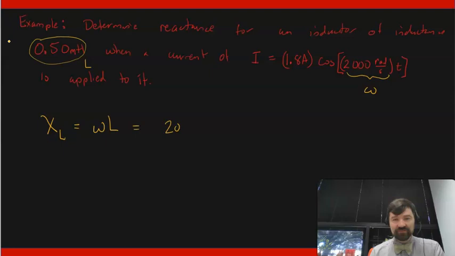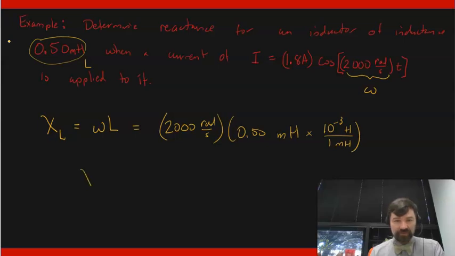So I have 2,000 radians per second times 0.50 millihenry, which needs to be converted to henries. So 10 to the minus 3 henries per millihenry. And what that gives us is essentially a reactance of 1 ohm.